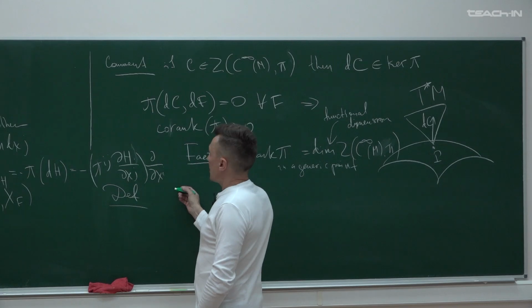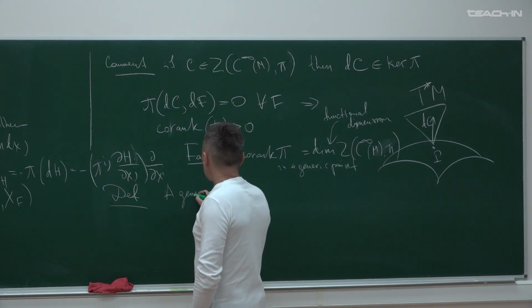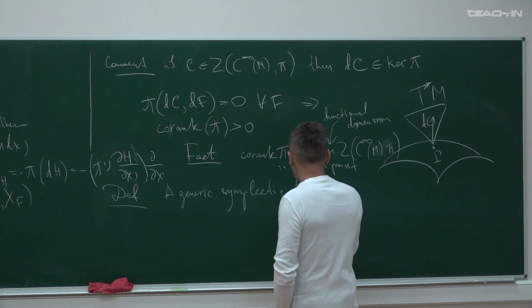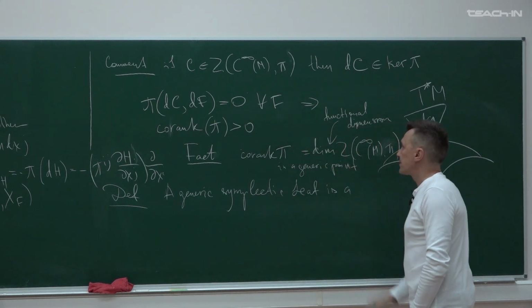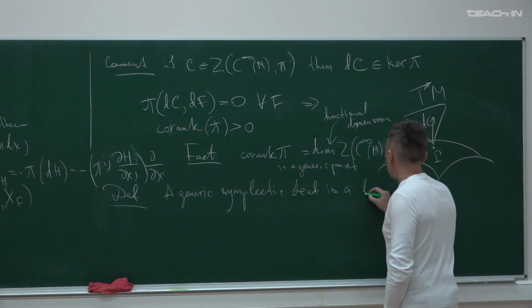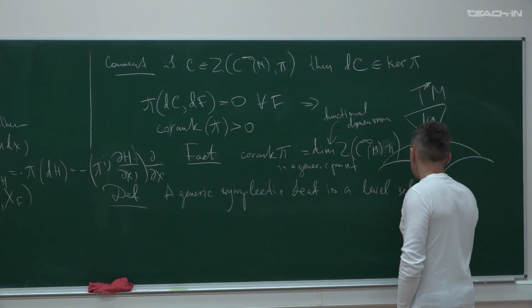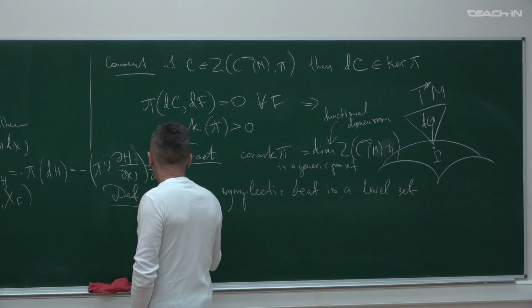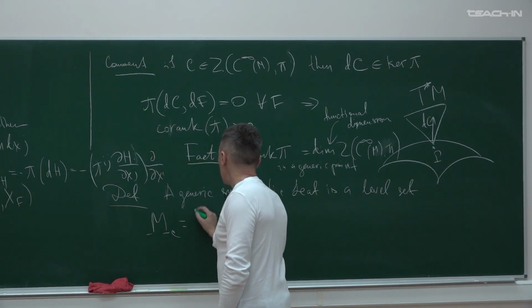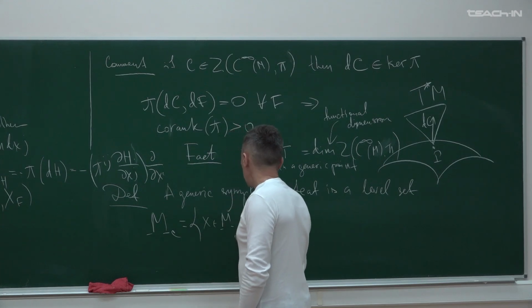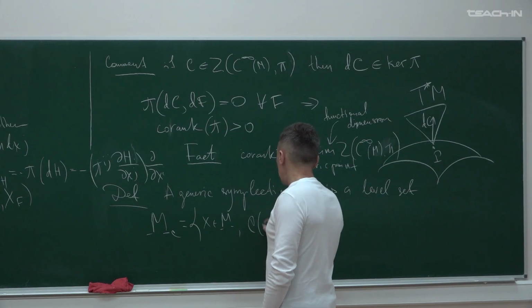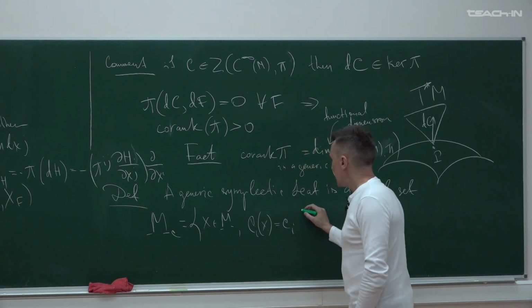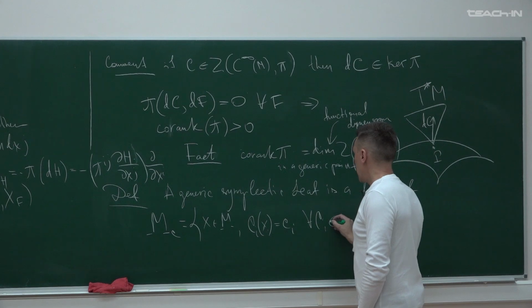A generic symplectic leaf is a level set M_C of all x such that Ci(x) is a constant Ci for all Ci from the center.